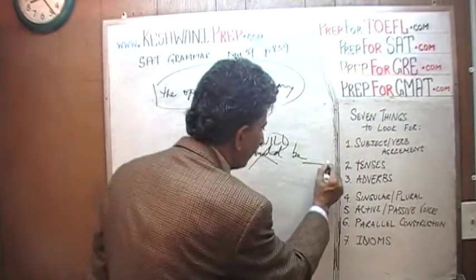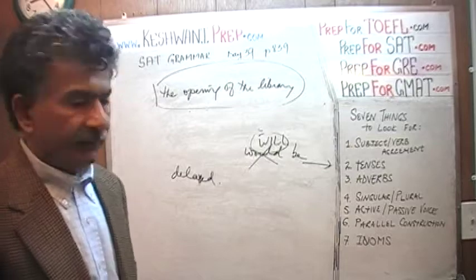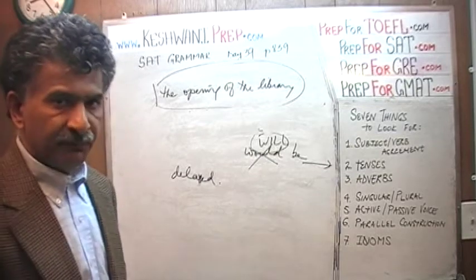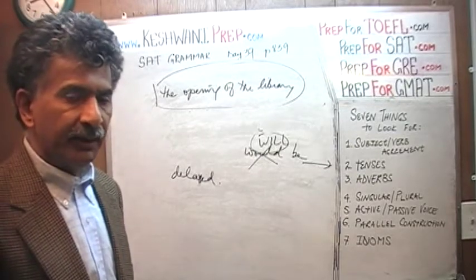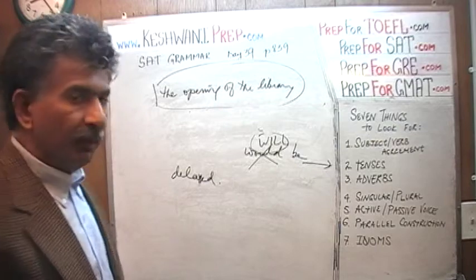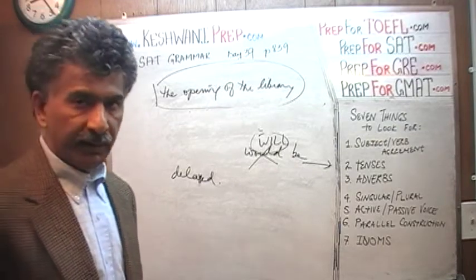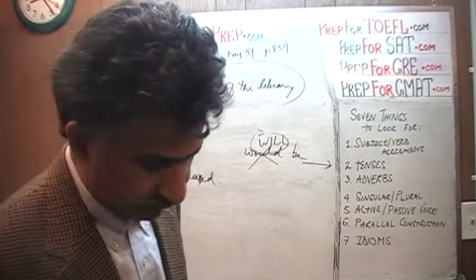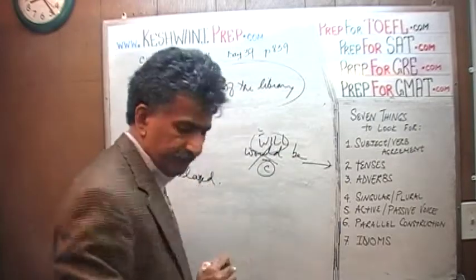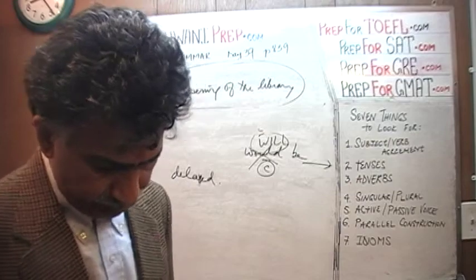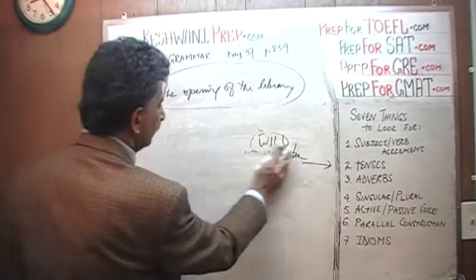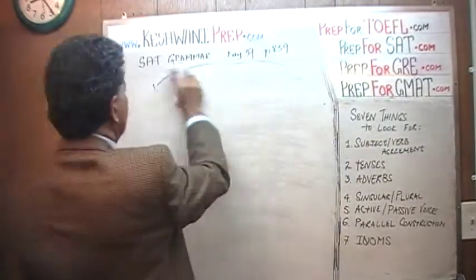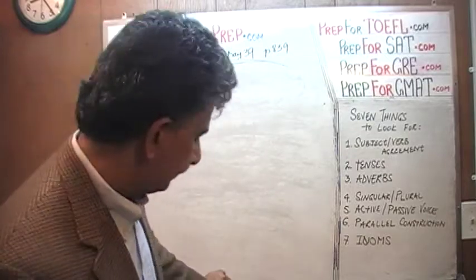Not conditional tense here. The opening of the library will be delayed until next September because of construction difficulty. The answer is C. Let's go to number 22. The opening will be delayed.